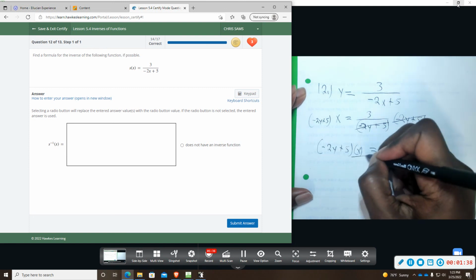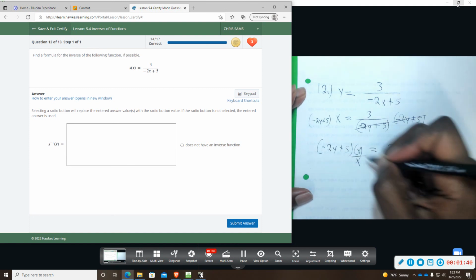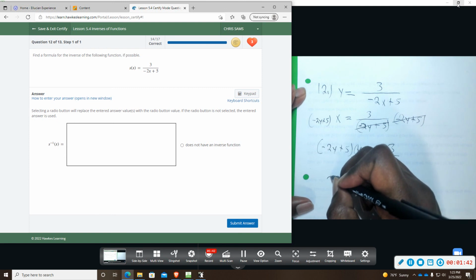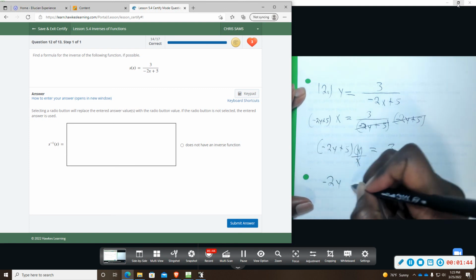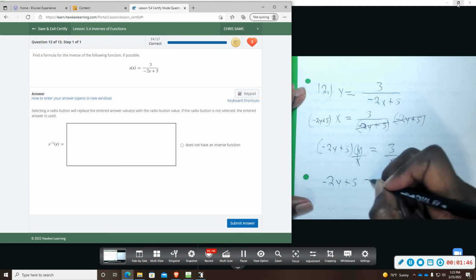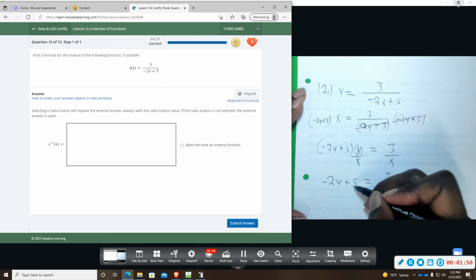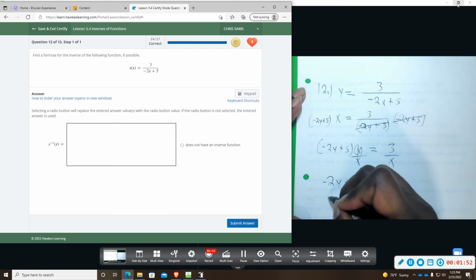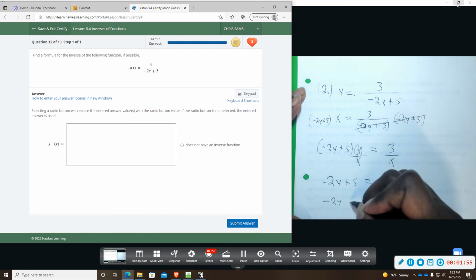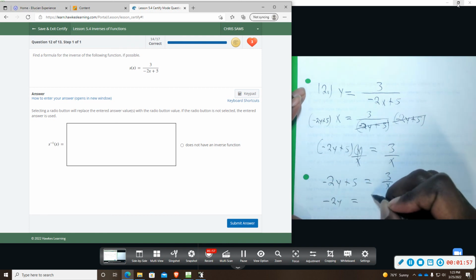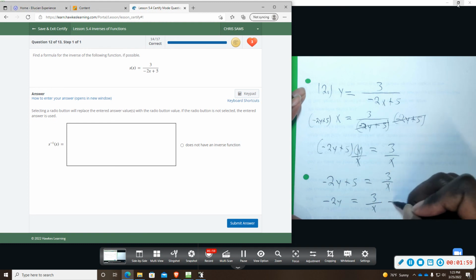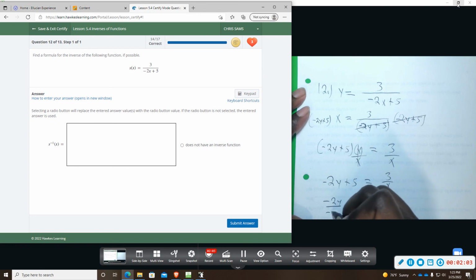Then we're going to divide by x to get that over on the other side. So that's going to leave us with negative 2y plus 5 equals 3 divided by x. We're going to subtract and move the 5 over. That would give us 3 over x minus 5.